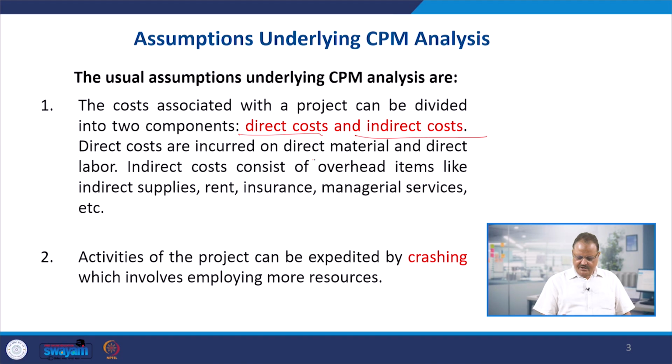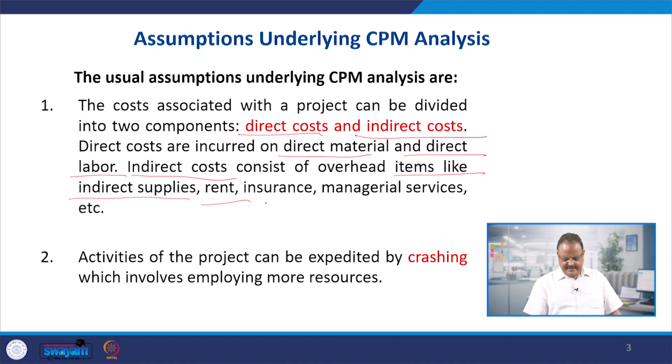Direct costs are incurred on the direct material, direct labor and direct overheads, and indirect costs consist of the overhead items like indirect supplies, rent, insurance, managerial services, and so on.